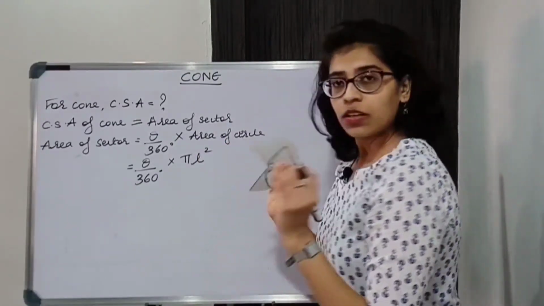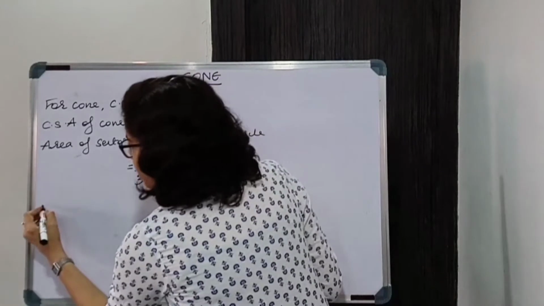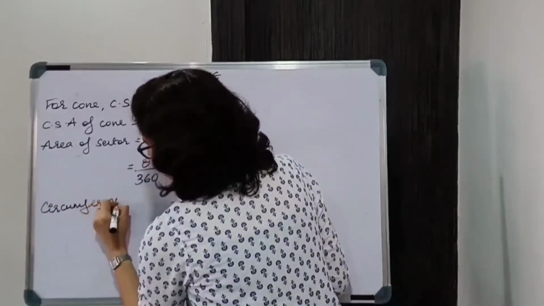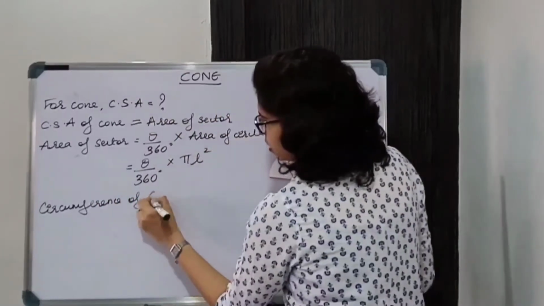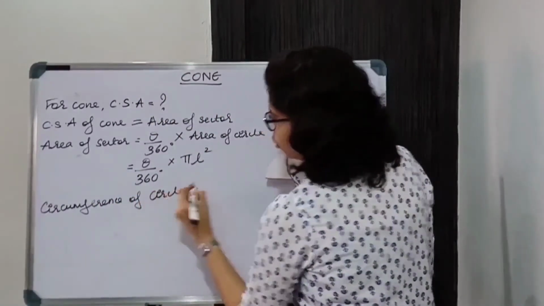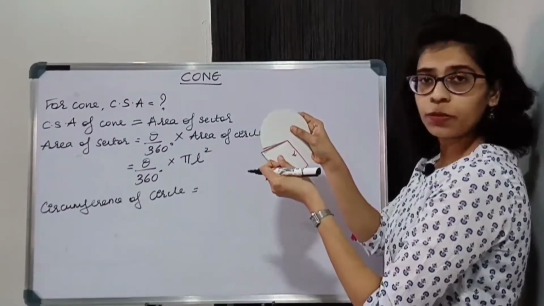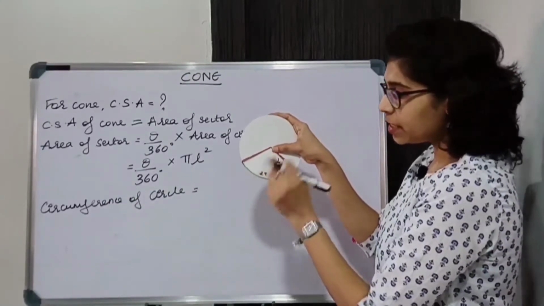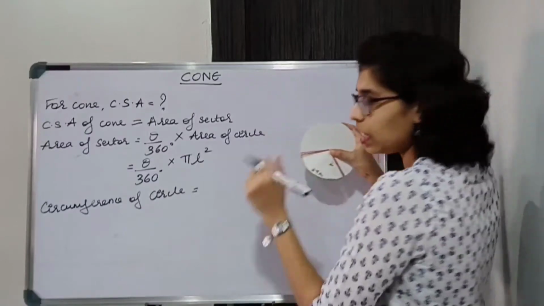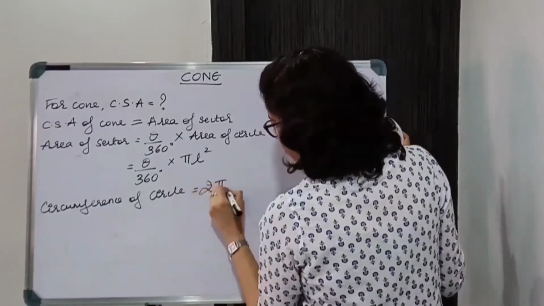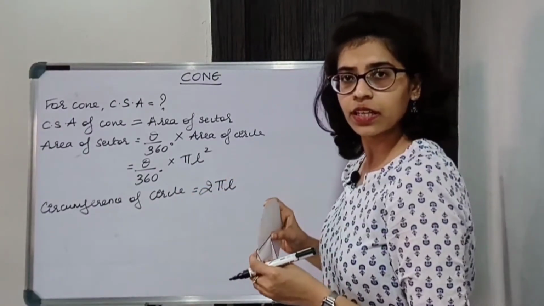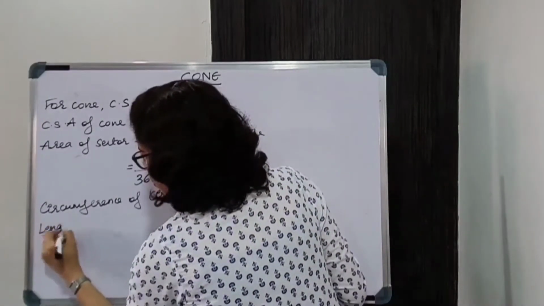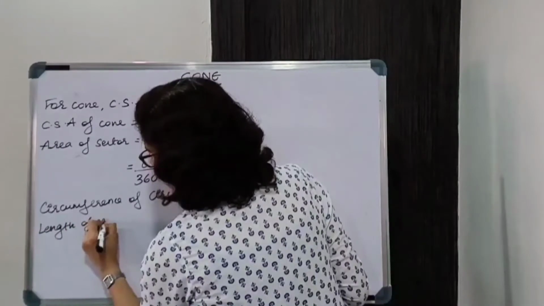Now for that let us consider the circumference of the circle. I am talking about this whole circle. What will be the circumference of the circle? It is 2 pi r. But what is the radius here? It is L. So it will be 2 pi L. And what will be the length of the arc?